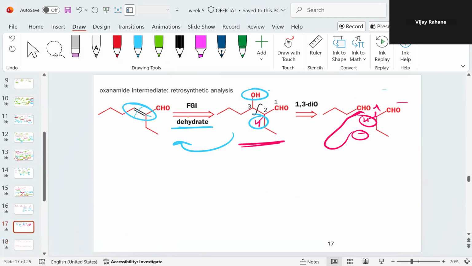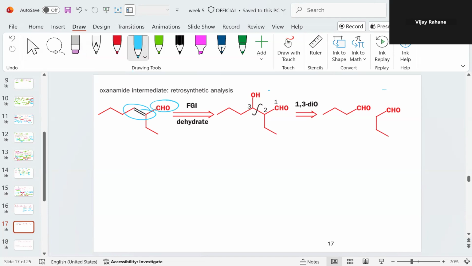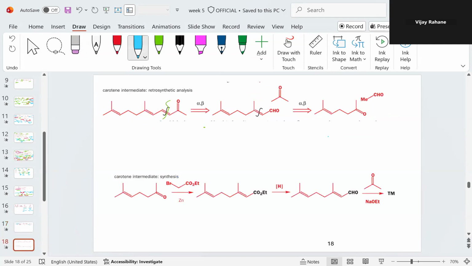As we saw in the earlier example, from two different aldehyde molecules we can get this type of alpha beta unsaturated aldehyde molecule, right? From the two aldehydes. Here also it is similar. Upon disconnection here, this is again an aldehyde molecule.